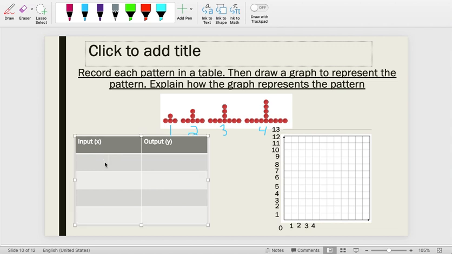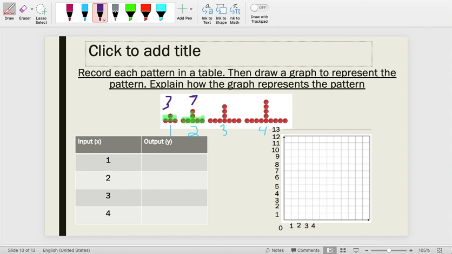So we have our input, 1, 2, 3, and 4, because we have 4 different patterns, figures, visuals, whatever you want to call them. Our output number, our y, is going to be the number of pieces. Okay, so we have to count them. So we have 3, we have 7, I believe.